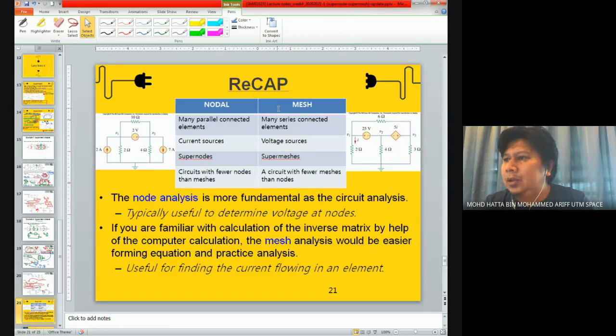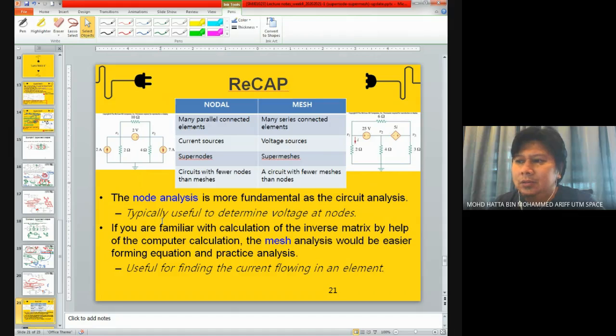And also, in nodal analysis, we have supernodes, and in mesh analysis, we have supermesh. In general, node analysis is the most fundamental analysis method, where we work out Kirchhoff's current law around that node, and later find the expression of the current based on the voltage.